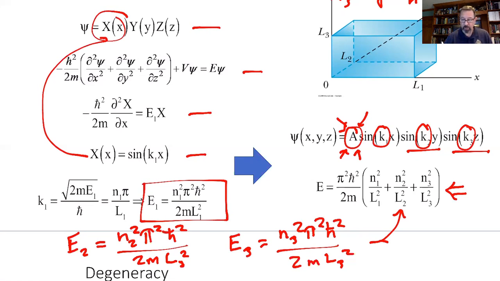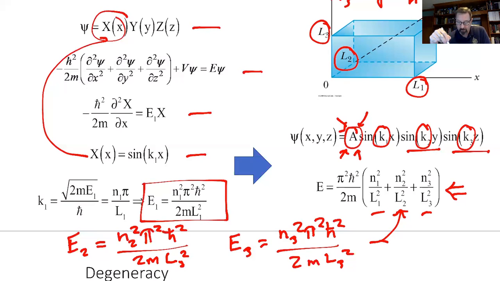Now, you can perhaps see that if L1 and L2 and L3 were exactly the same, well, those things right there would be exactly the same. You can factor out that thing then, and there might be more than one set of quantum numbers, these indices, that would give me exactly the same energy.